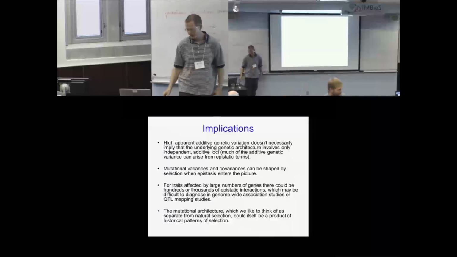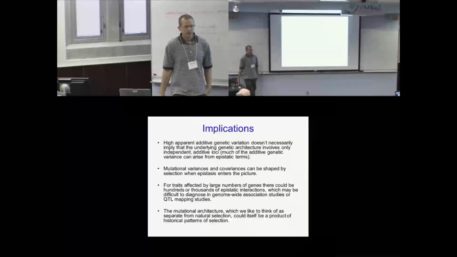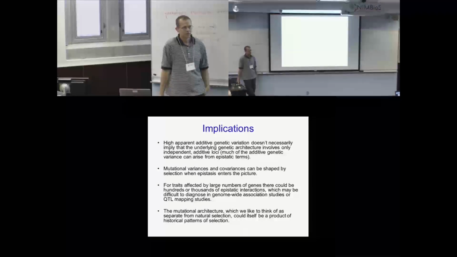Another question. I was wondering if it was known empirically how common mutational correlations are. I mean, ones that don't just kill the animal dead or whatever. Yeah, there have only been a few studies that have measured mutational correlations, because you have to do a mutation accumulation study and then measure multiple traits.